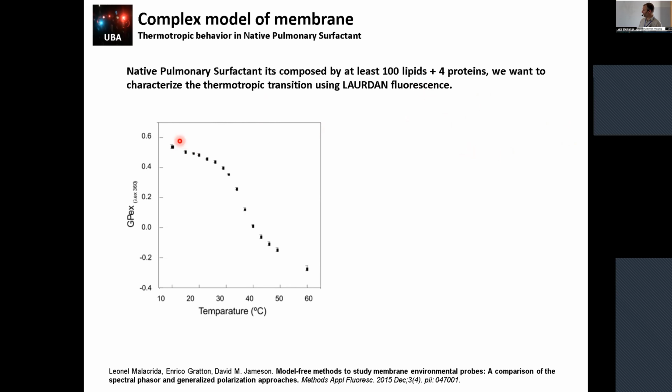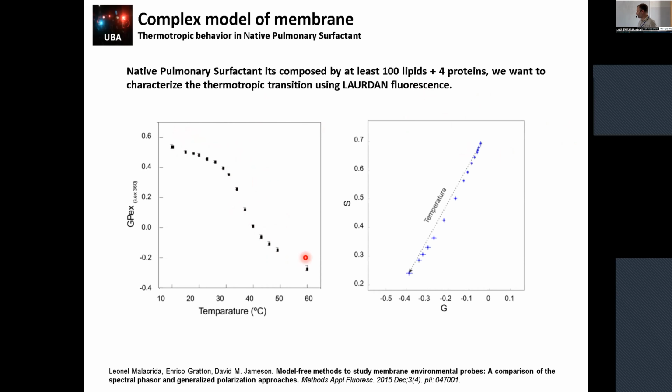And if you do the phase transition, you see that the GP is changing. And you can immediately tell that you go for higher order and then more fluid in this situation. But let's see if this behaves as a linear combination between two components or something else using the phasor.